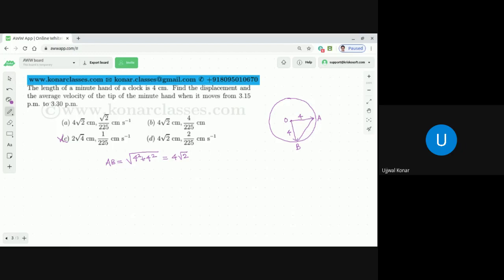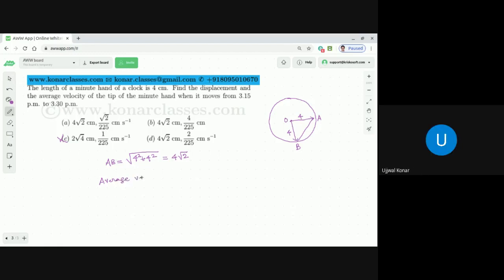Now, how much time did it take? As you correctly said, it is 15 minutes. To find the average velocity, and as we see in all the options, the velocity is given in centimeter per second, it is very important that we convert that time, 15 minutes, to seconds. Correct, no?